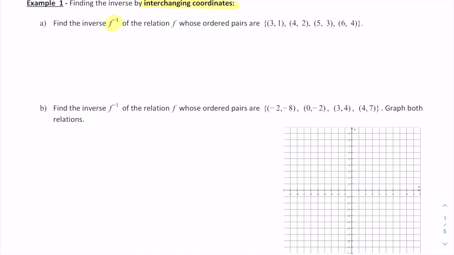So my inverse is going to be (1, 3), I just swapped those two, (2, 4), (3, 5), and (4, 6). All I did is, for every ordered pair, I swapped my x and y coordinates and got my new inverse coordinates.